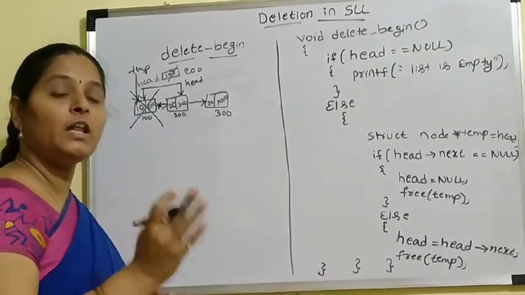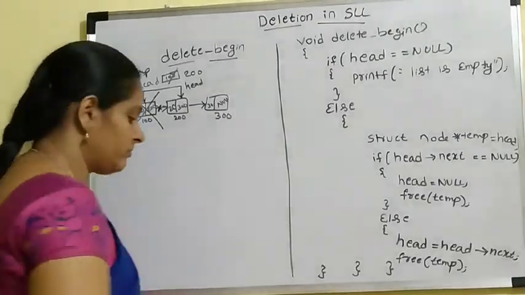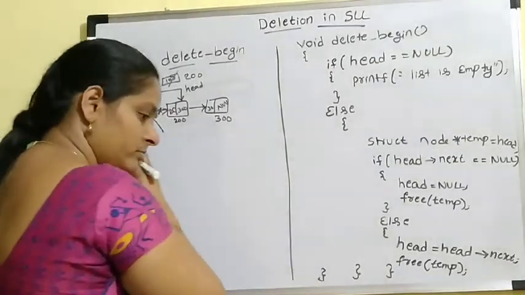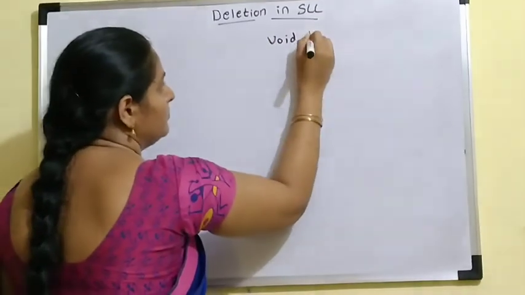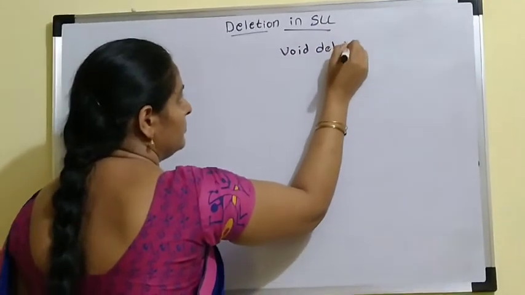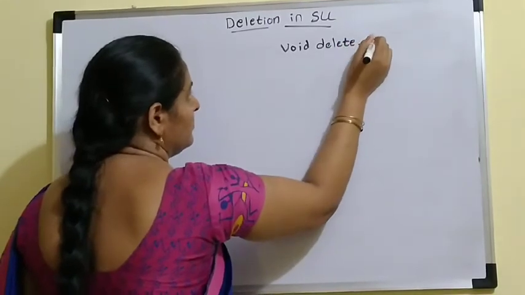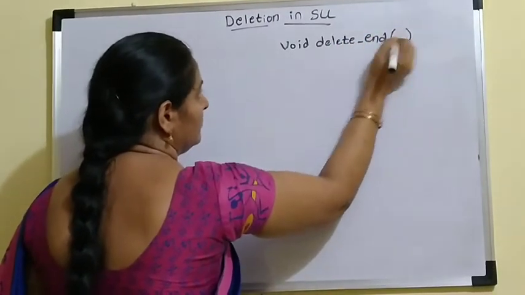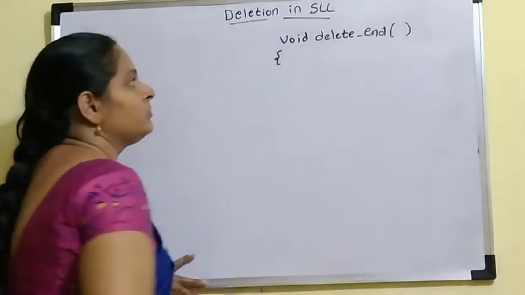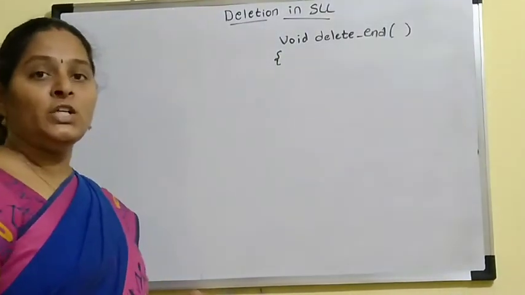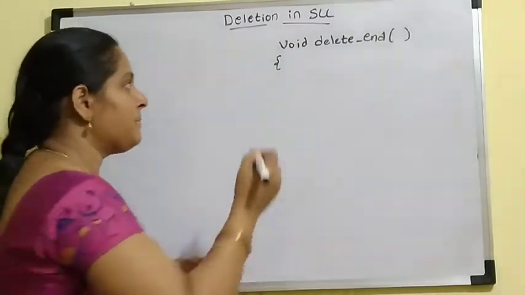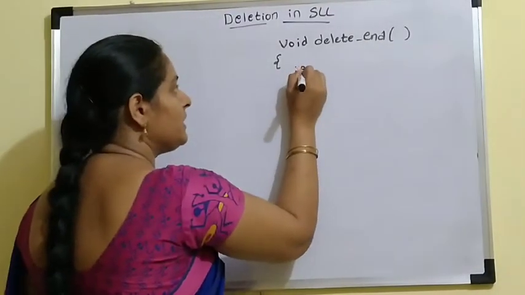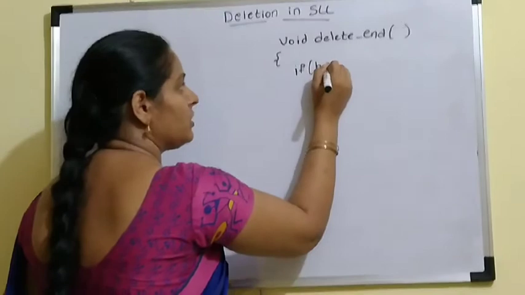Okay, how to delete the last node in the list. If you want to delete the last node in the list, again as usual, same procedure. First check whether the list is empty or not.